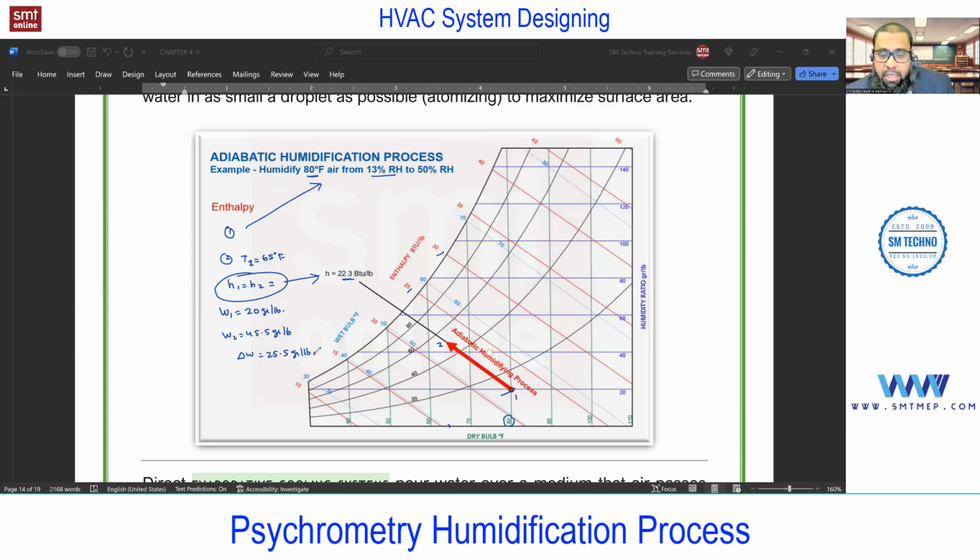So what will happen? The room air will extract that moisture. Okay. In the previous case, we added steam, that is hot moisture, but here there is no hot moisture, just same-temperature moisture. We are just spraying. It means we are not adding heat. Because of this, you see the temperature is decreasing, right?